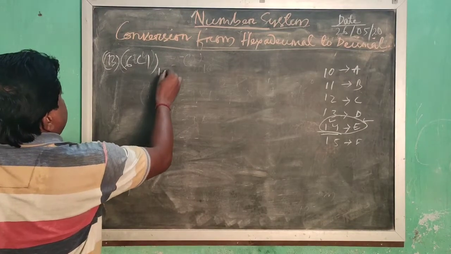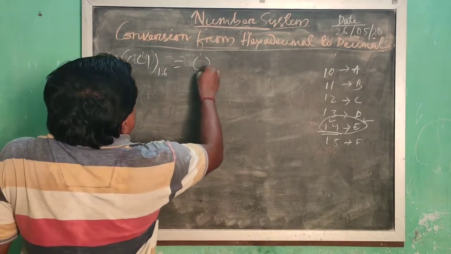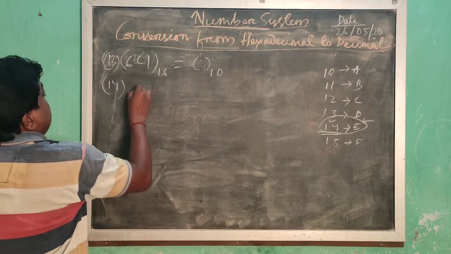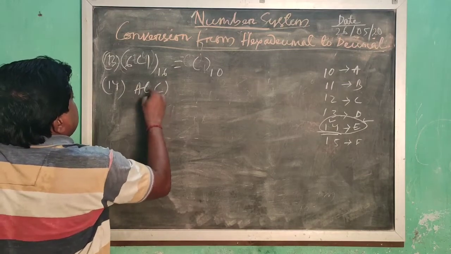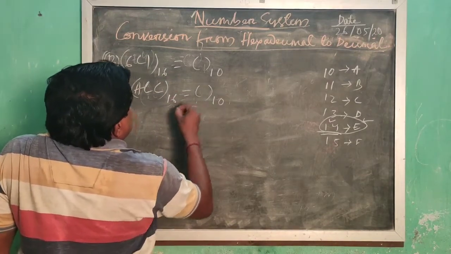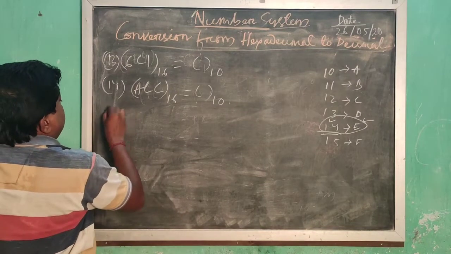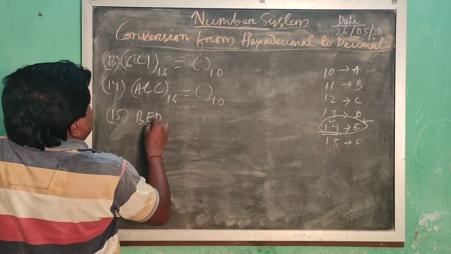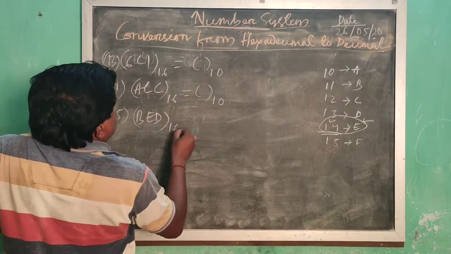C1, base 16. You have to convert it into decimal form. ACC, base 16. You have to convert it into decimal form. BED, base 16.